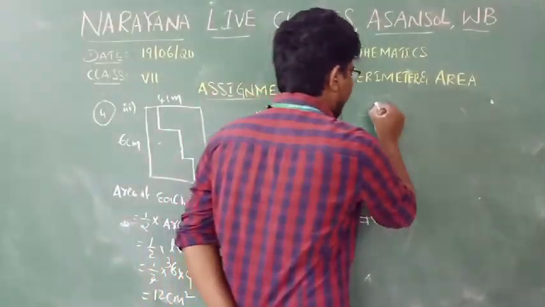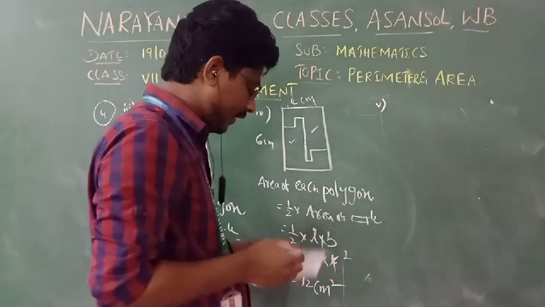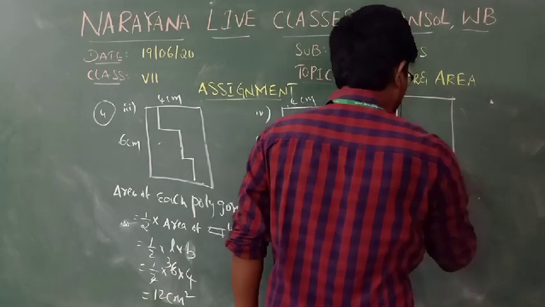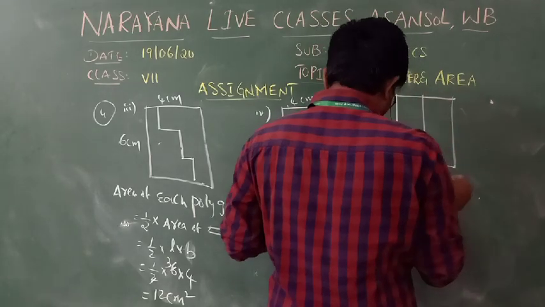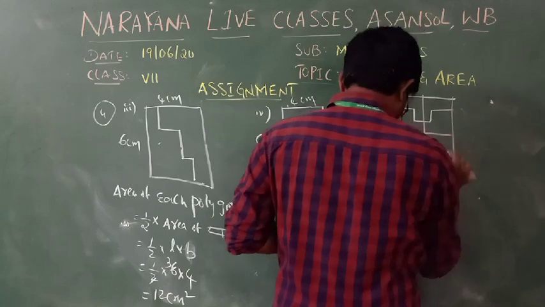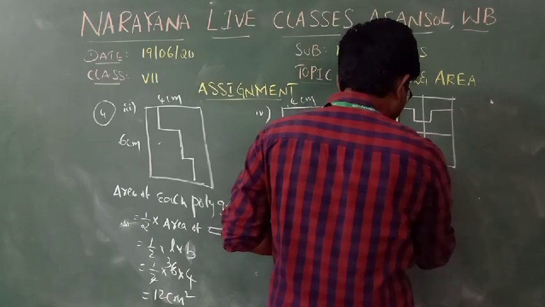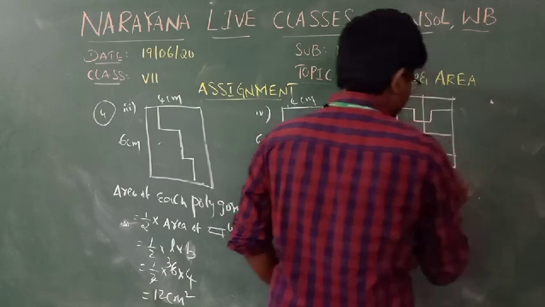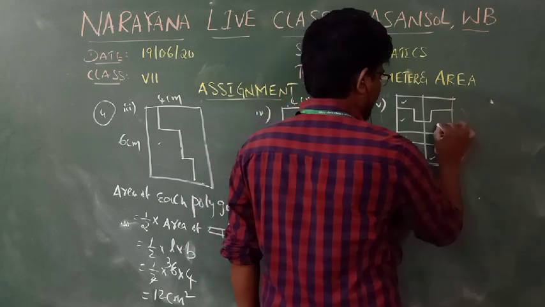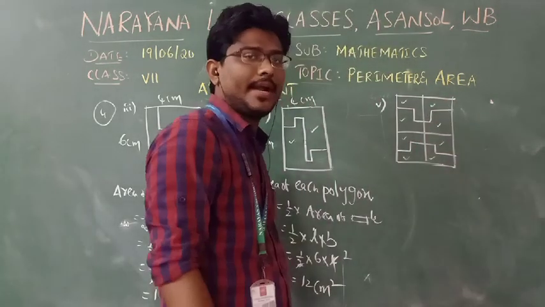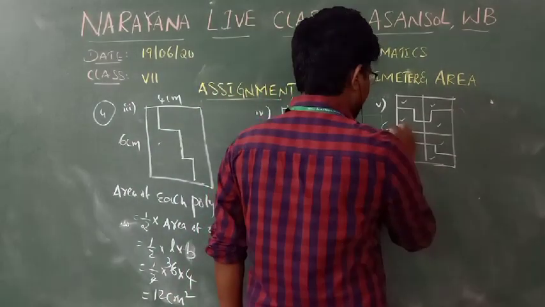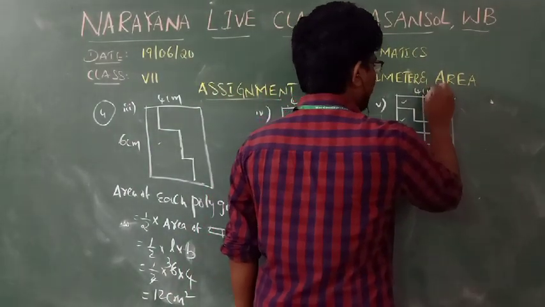Next, the fifth question. There is one rectangle. It is divided into 1, 2, 3, 4, 5, 6, 7, 8 congruent polygons. Length is 6 centimeter, breadth is 4 centimeter.